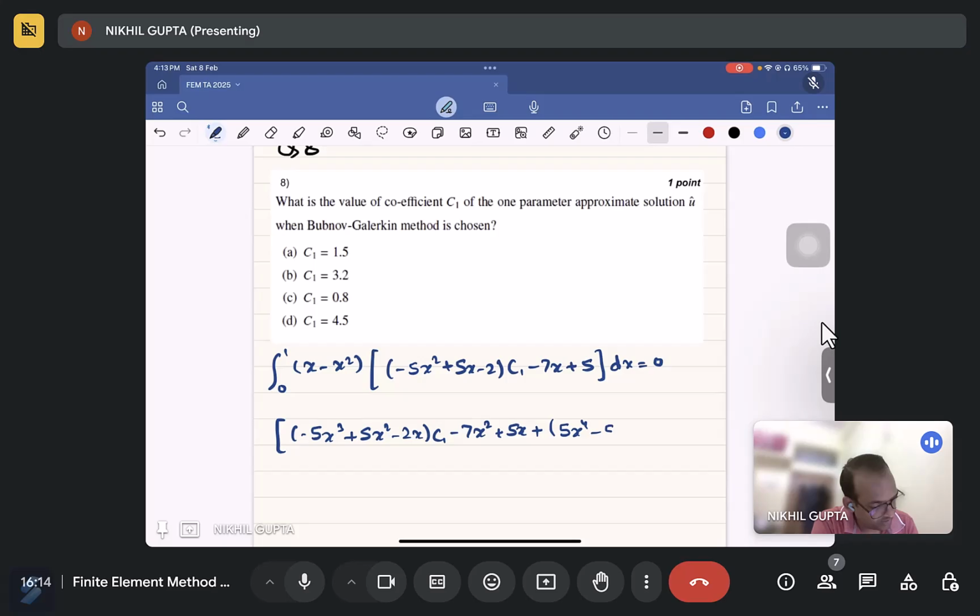Then we'll get minus 5x cube plus 2x square of C1. Okay, then plus 7x cube minus 5x square dx is equal to 0.